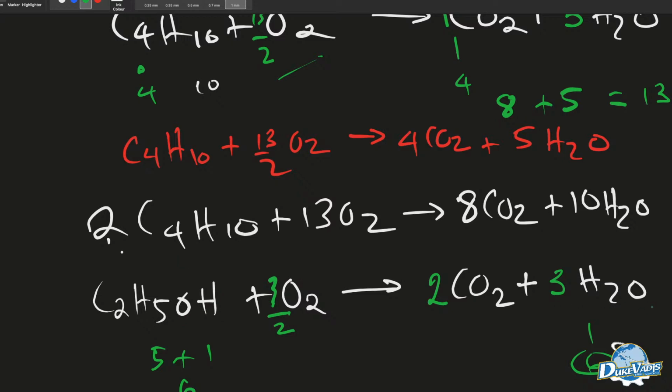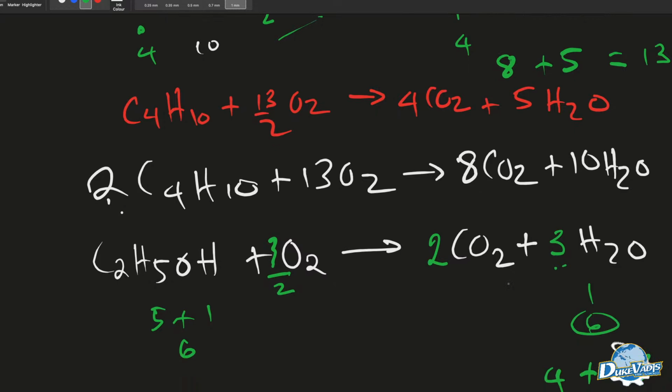So we have 3, which makes this one 3. Then we have here 4, that makes the oxygen 4. So we have 7 on the right. Now, if we have 7 on the right, then we don't need the fraction.